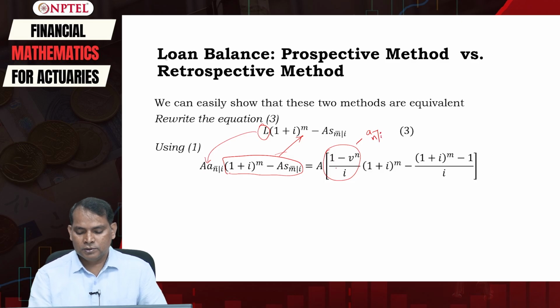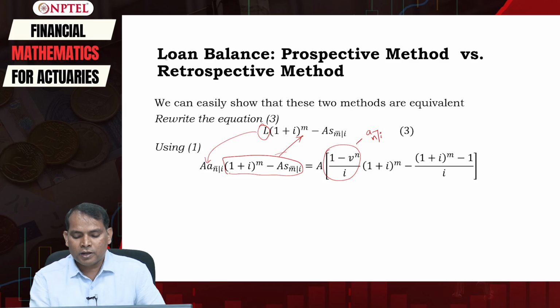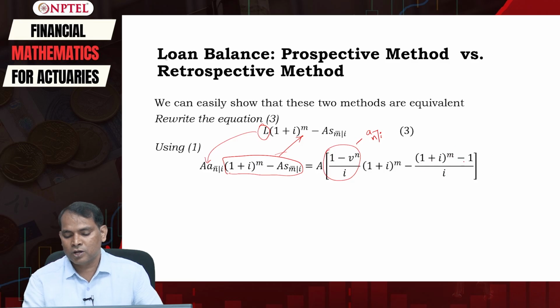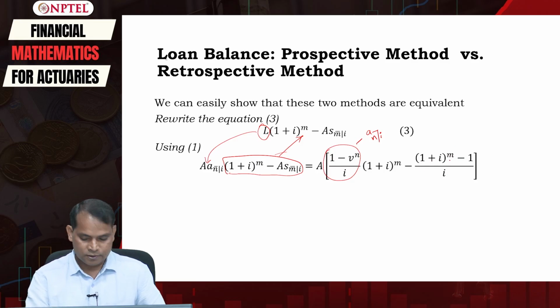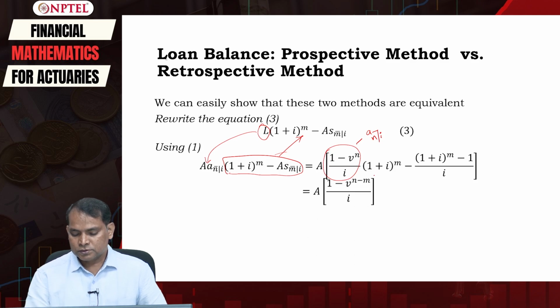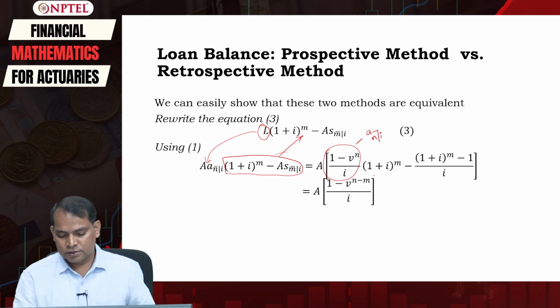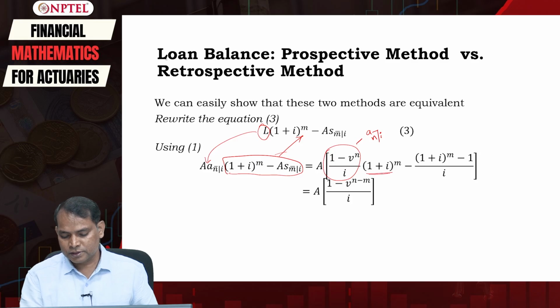So we can write it as A times (1 minus v to the power n) divided by i, multiplied by (1 + i) to the power m, minus, okay, this one, ((1 + i) to the power m minus 1) divided by i, the formula I have just written earlier. Now note that this can be simply written as v to the power minus m.